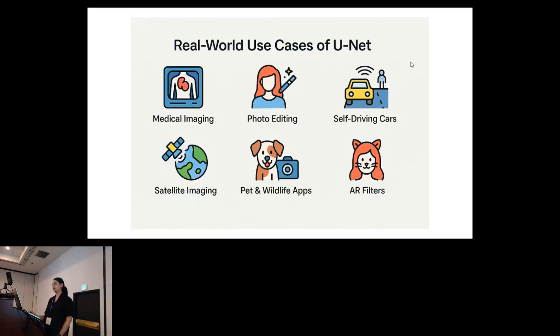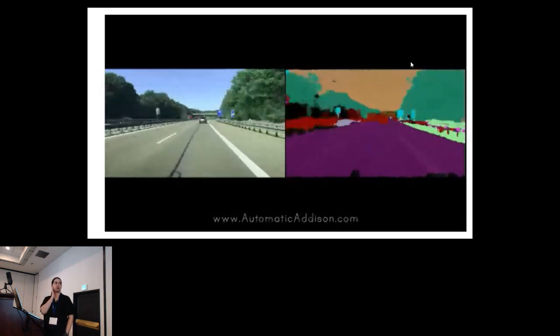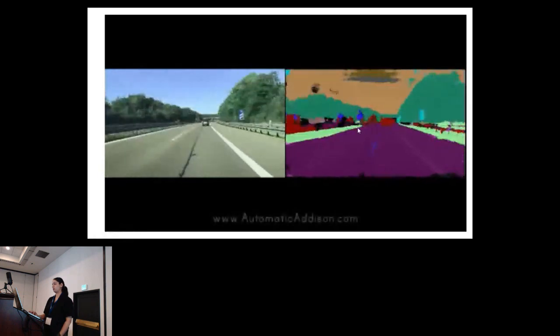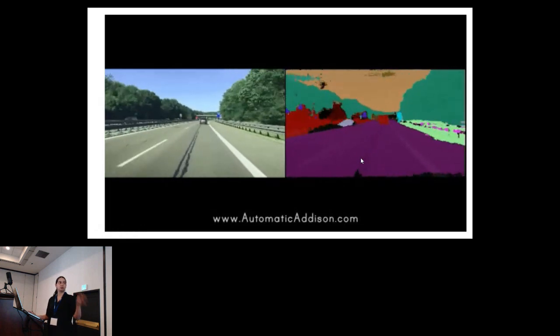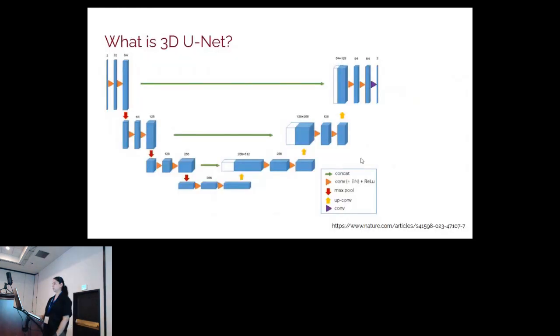So it has a lot of use cases. For example, this is an example of motion tracking and segmentation. We have a car which is driving, and we're basically trying to segment different parts of this moving video. So this is a GIF that I added. I don't know if this is working.